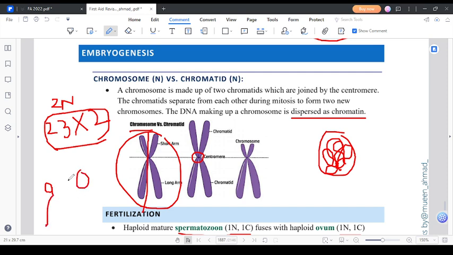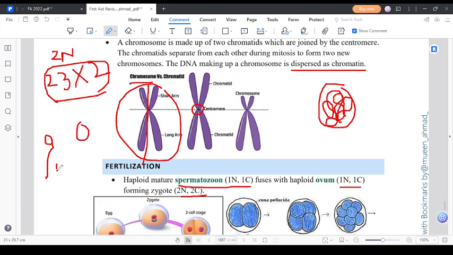So both of these cells need to be haploid, so that the cell which forms after their fusion will be diploid, right? So this is the concept about N. It is about these cells being diploid, containing double the number of chromosomes.